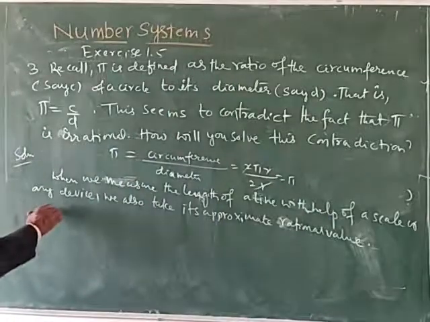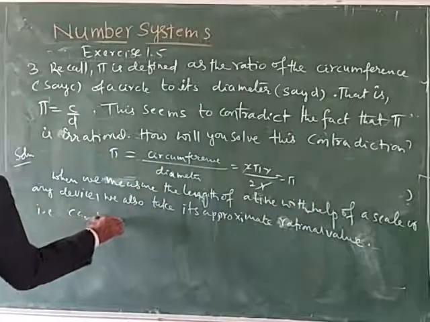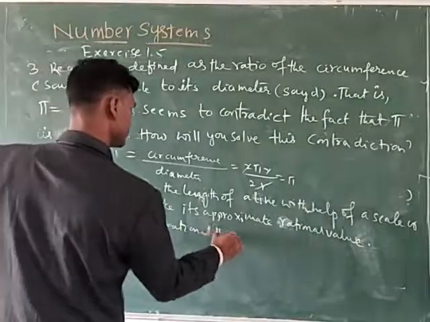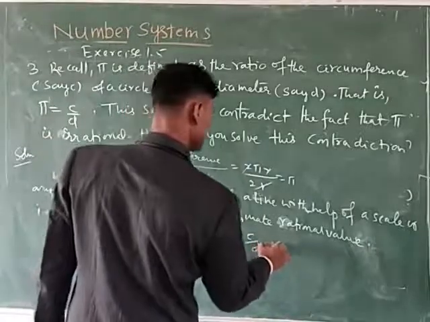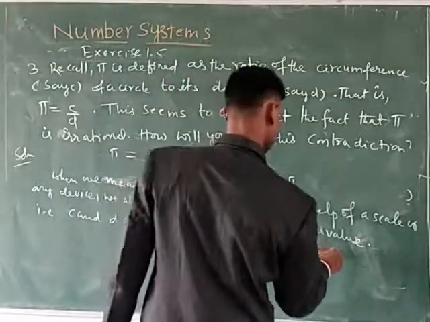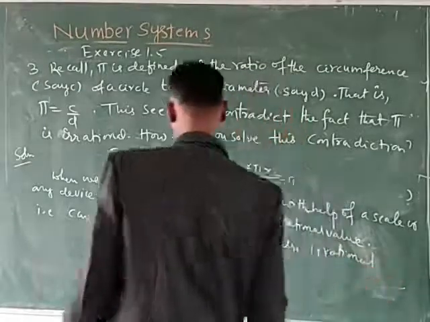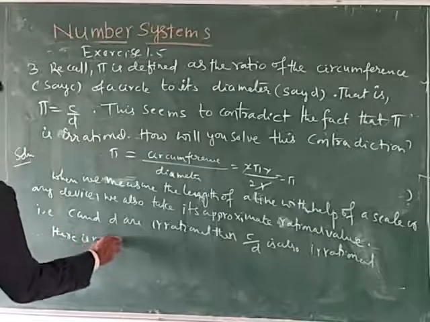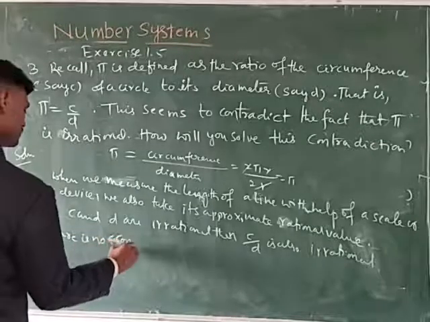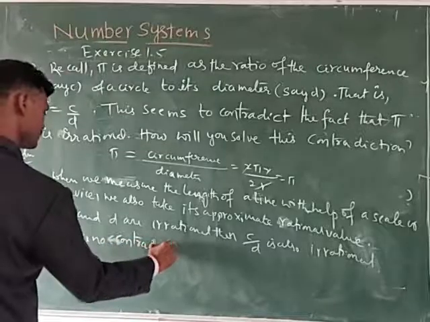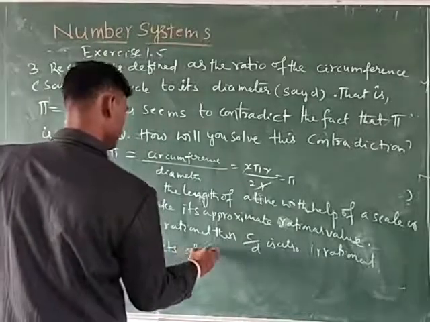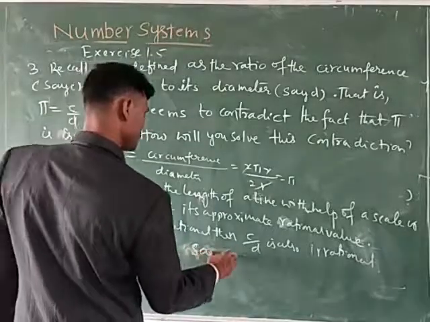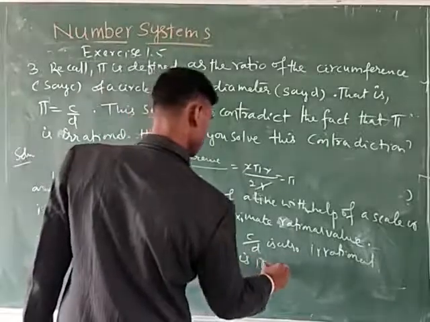So here c and d are irrational, then c by d is also irrational. Therefore, there is no contradiction of pi being irrational.